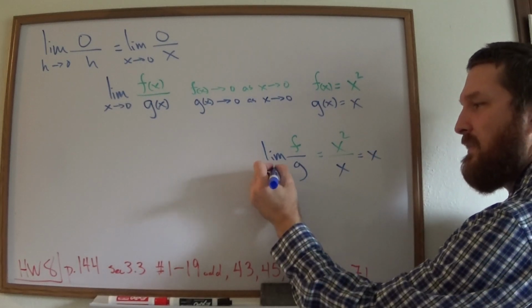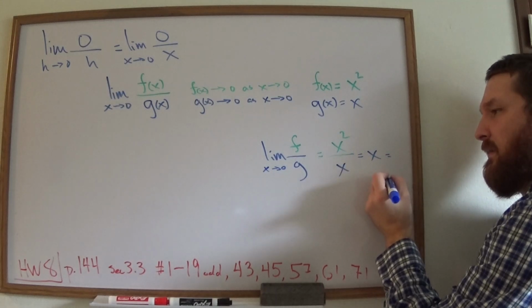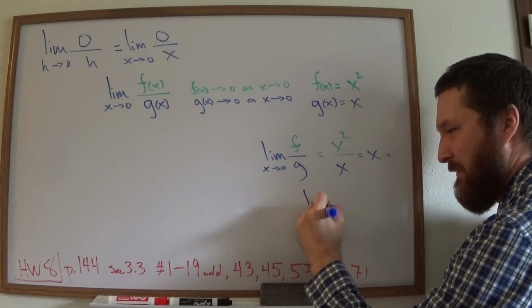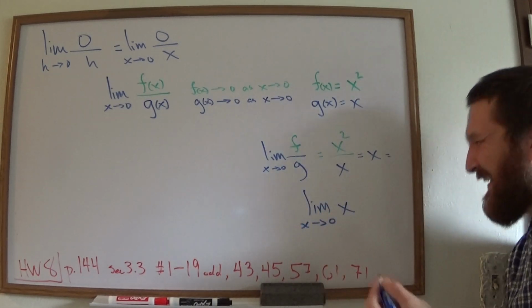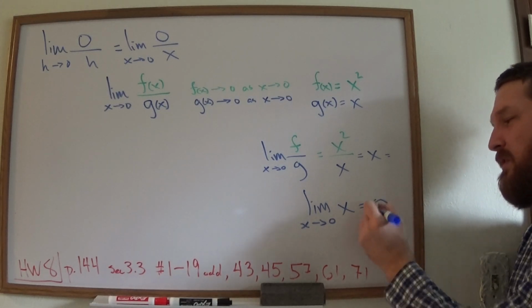And what's the limit as x goes to 0 of x? No, it's 1. No, wait. Hold up. It's 0. I was thinking of the derivative. Right. And so the limit is just a big fat 0.